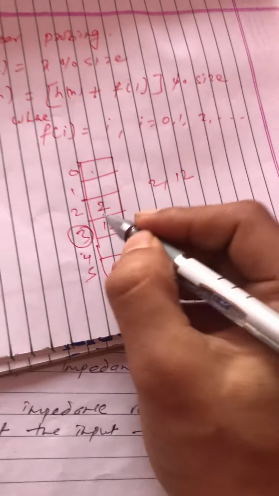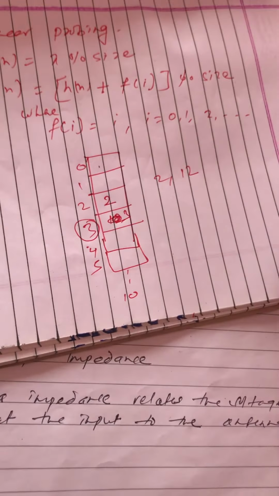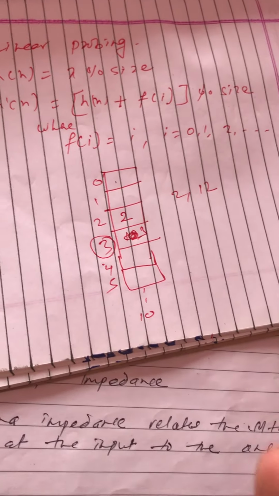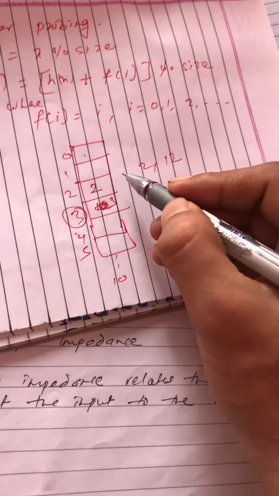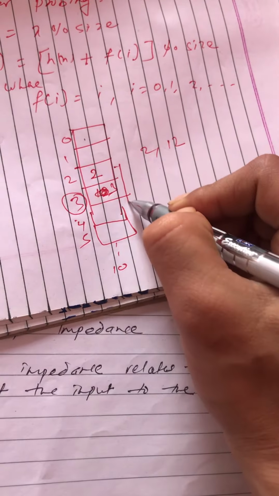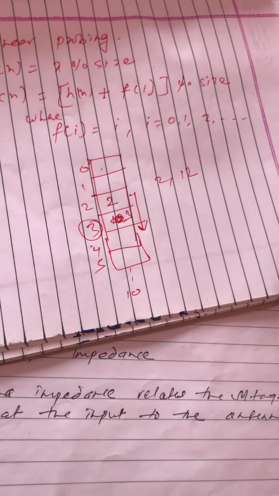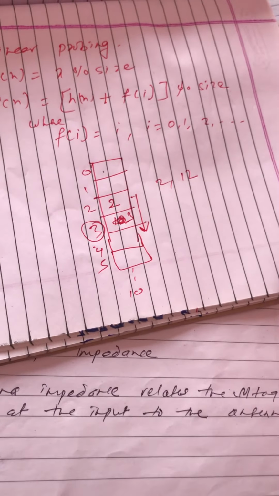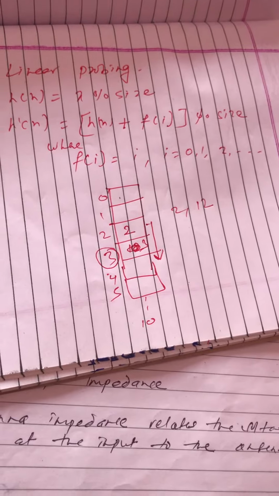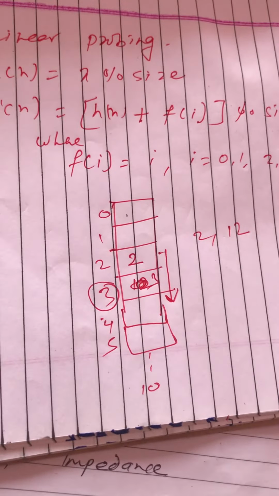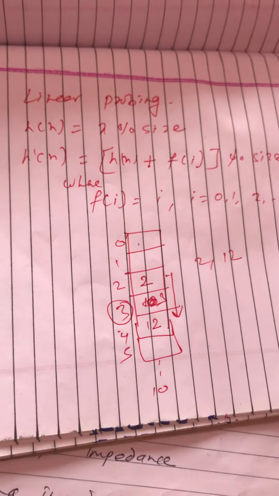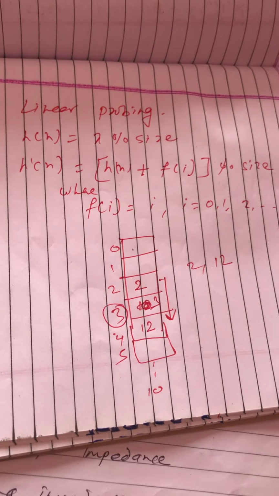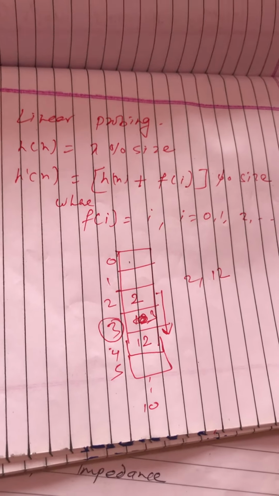What if index 3 is already packed? Suppose 3 is already there and 12 came at last, then we have to go to the next index which is free, no matter which index it would come to. So index 4 would be the right choice. This is linear probing.